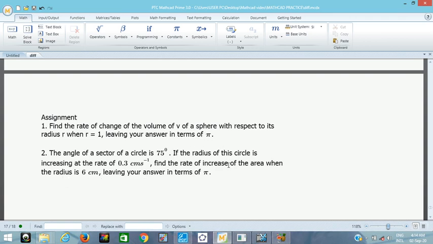All they want here is the area of a sector. The question is focusing on area of a sector, because the angle of a sector of the circle is given, and the radius is increasing at this rate. So you get your area of a sector, differentiate it, do the necessary chain rule substitution, and you will get your result. That is all for rate of change.